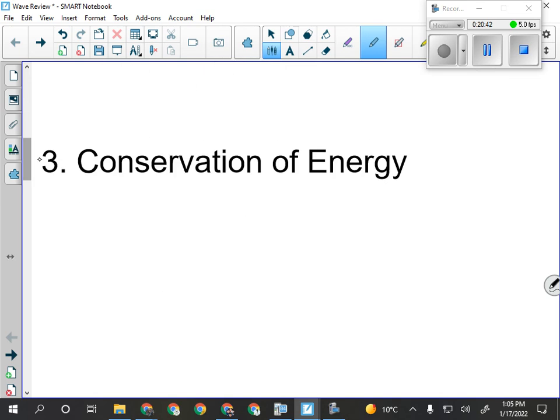Okay, and then we talked about conservation of energy for simple harmonic motion. We said for a pendulum it's exactly the same as a roller coaster because it uses gravitational potential energy. But for a mass on a spring, it uses elastic potential energy. So when the object is oscillating back and forth, it's constantly changing the elastic potential energy into kinetic energy. If I'm looking at a couple of positions here, let's say here's the point of maximum compression.